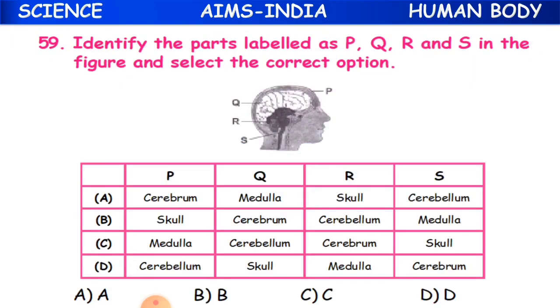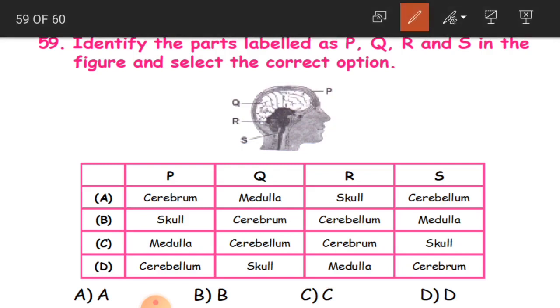Clear children? 59th question. Identify the parts labeled as P, Q, R and S, and select the correct option. Here in the figure you have four parts labeled as P, Q, R and S. So what is P, Q, R and S? What is P, children?